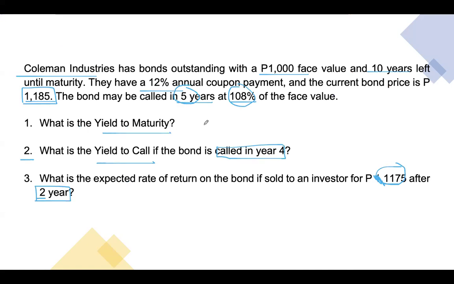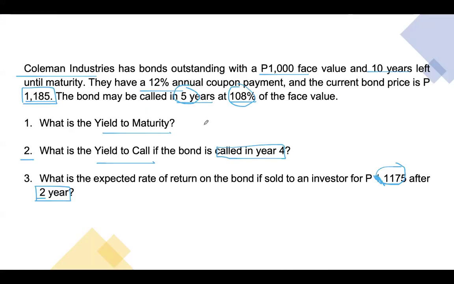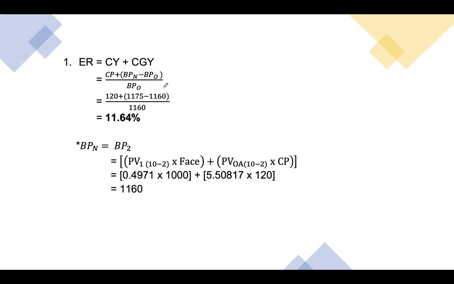However, if it is asked to compute the expected rate of return, do not expect that the yield to call will be the total rate of return, because the bond may be called in year 5, so the yield to call will only be computed starting year 5. So in year 2, the bond was sold for 1,175.